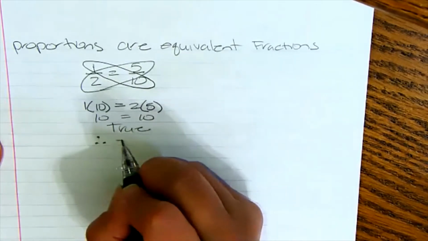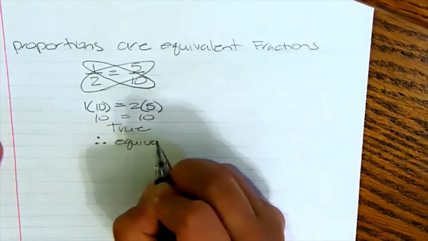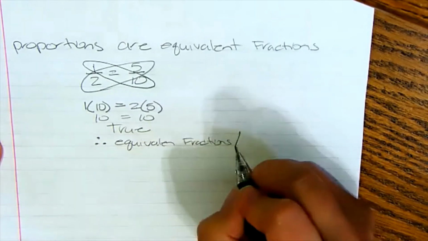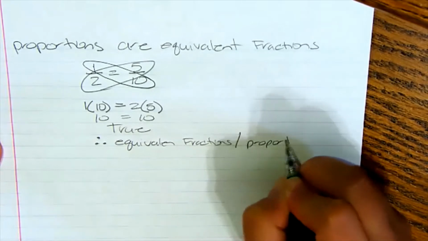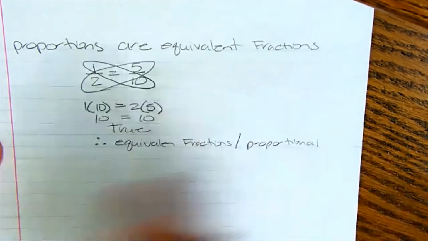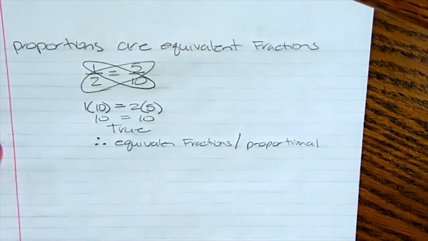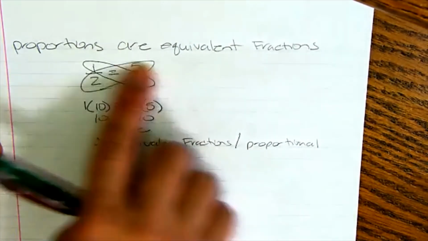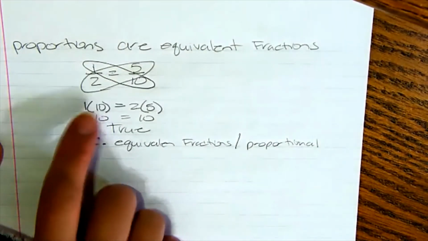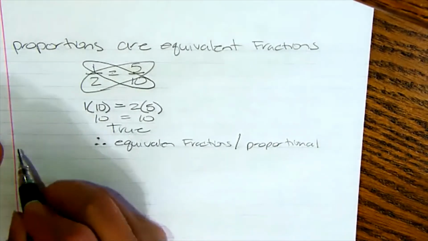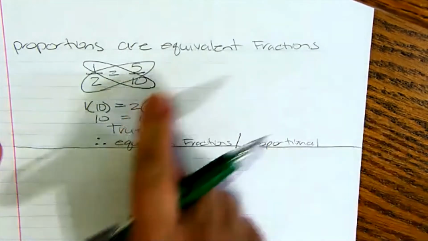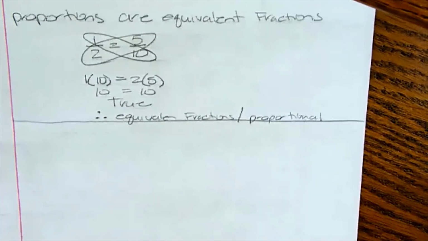They are equivalent fractions or proportional. And we're going to use this idea. This is exactly what the whole lesson is based on today. The idea of proportions or equivalent fractions.